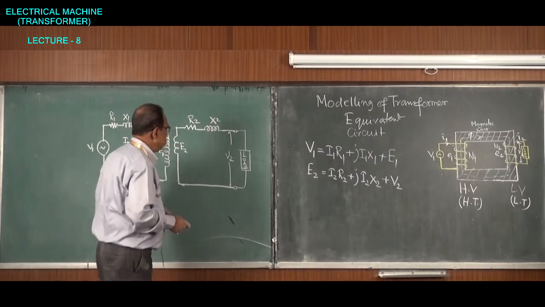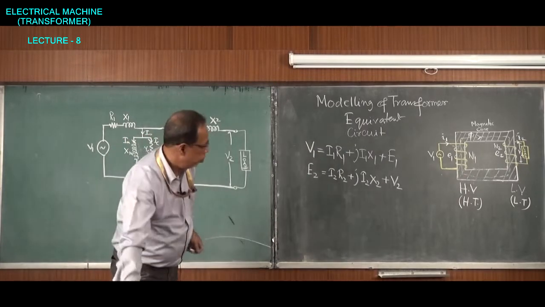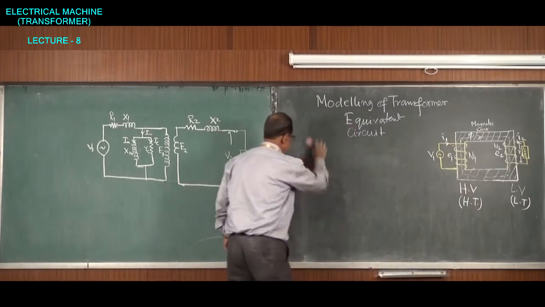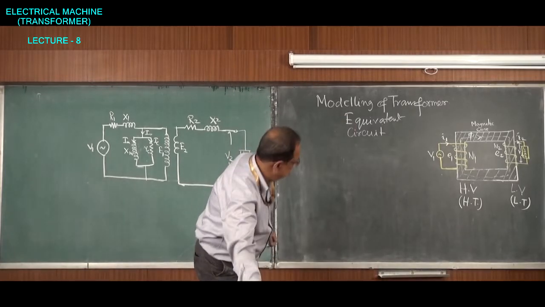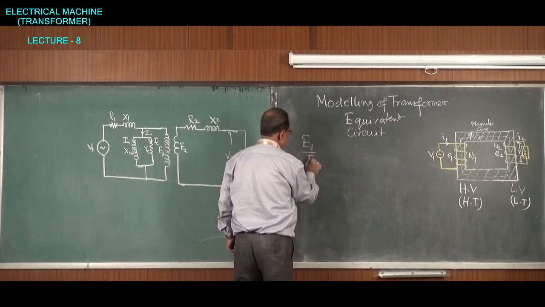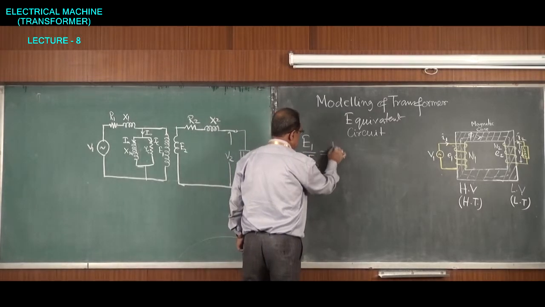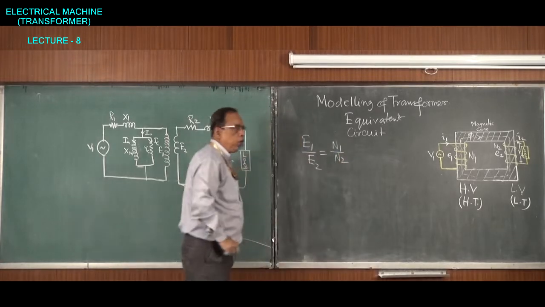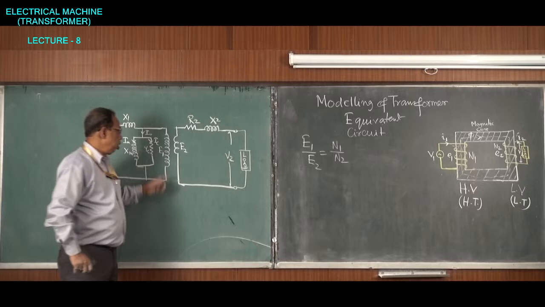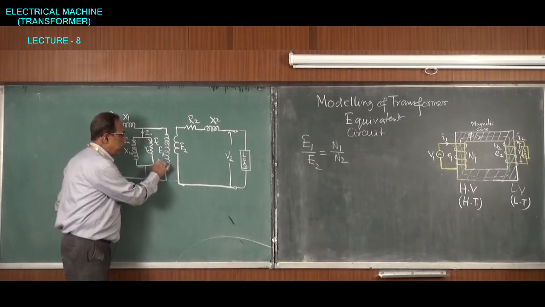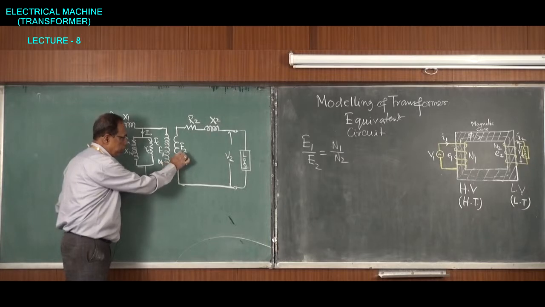We know that E1 by E2 is equal to N1 by N2. So if I make the same number of turns, that means here the number of turns is N1, here the number of turns is N2.